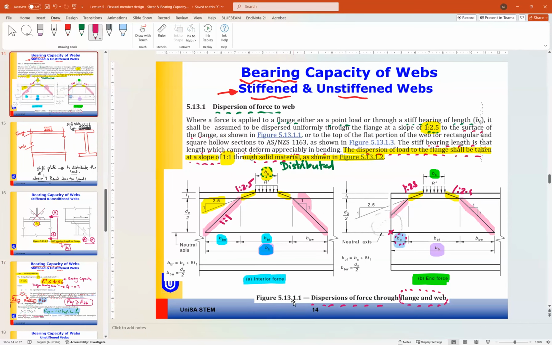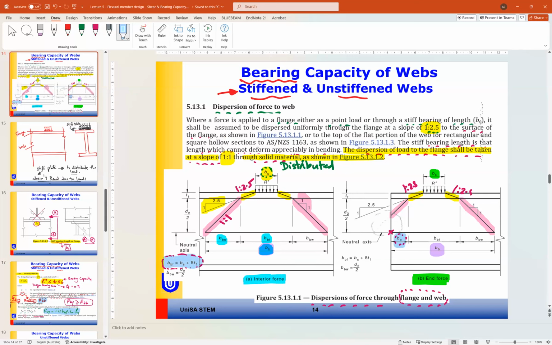This 5.13.1. So BBF is here. BBF is BS plus 5 T flange.